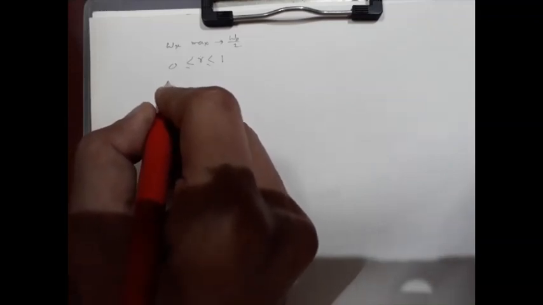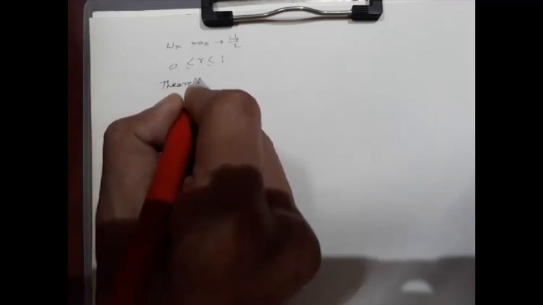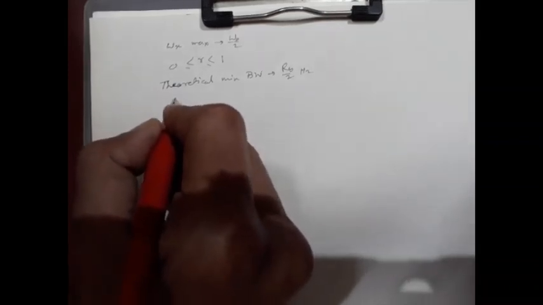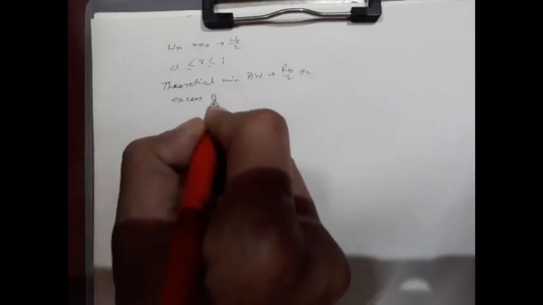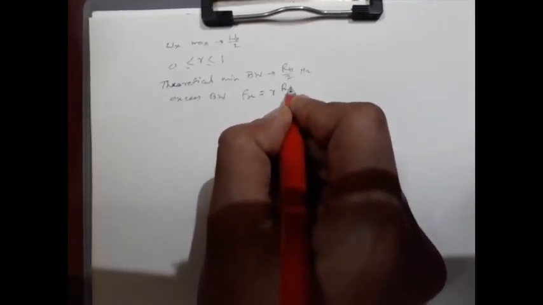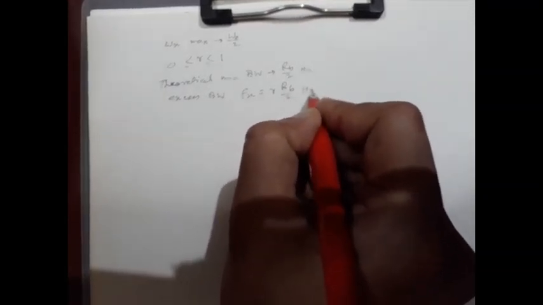Instead of considering this circular frequency, if we come to the linear frequency range in hertz, the theoretical minimum bandwidth is Rb by 2 hertz. Excess bandwidth, say fx, is r into Rb by 2 hertz.